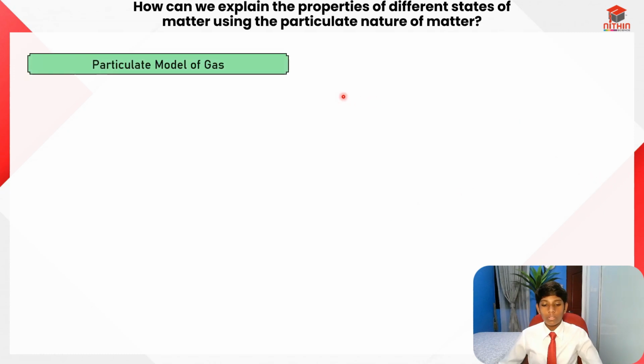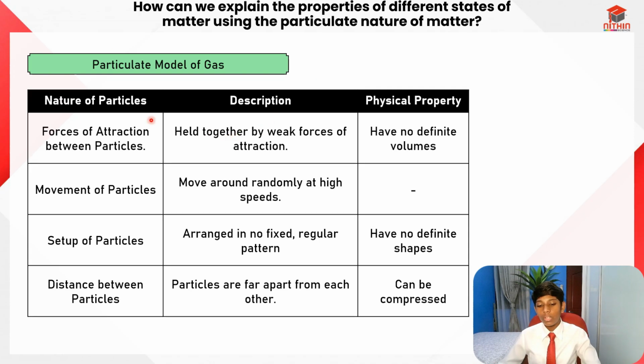Here we have the particulate model of gas. Let's take a look at the nature of particles first of all, the forces of attraction between particles. They are held together by weak forces of attraction.